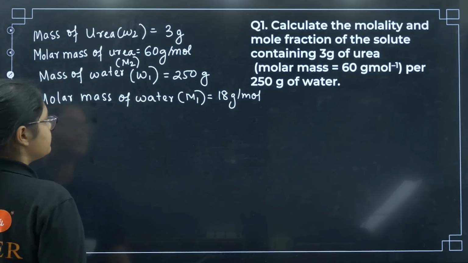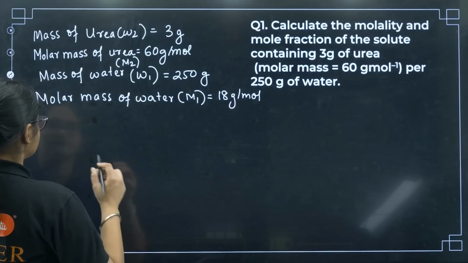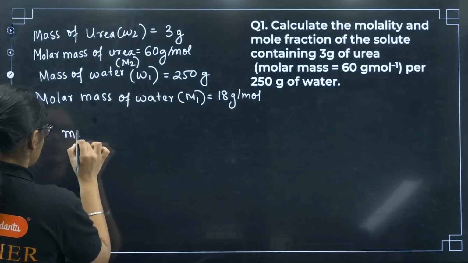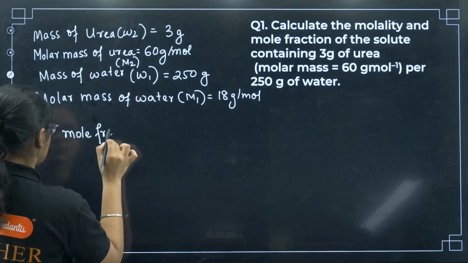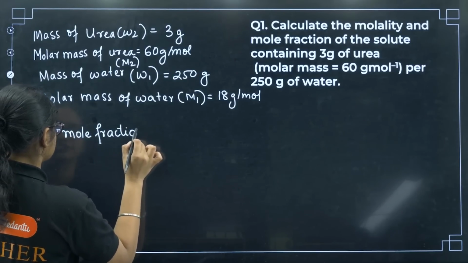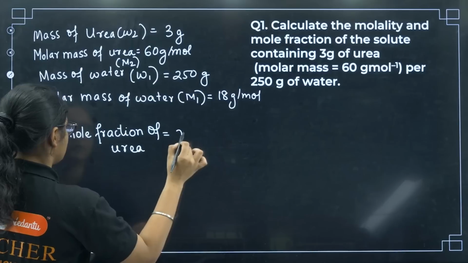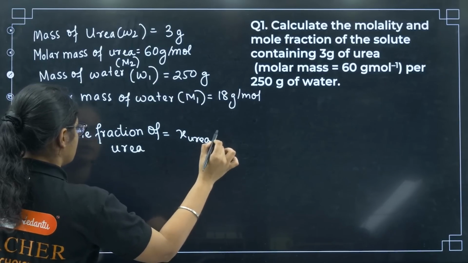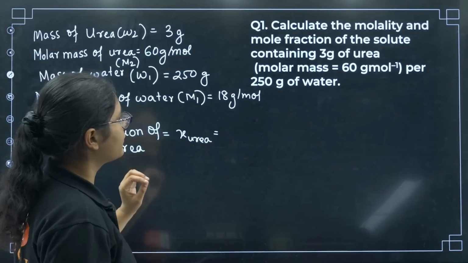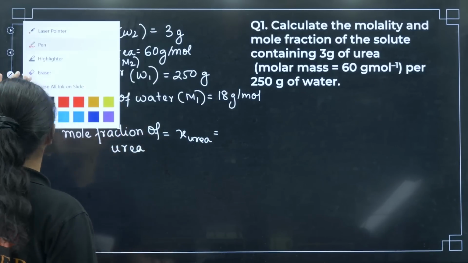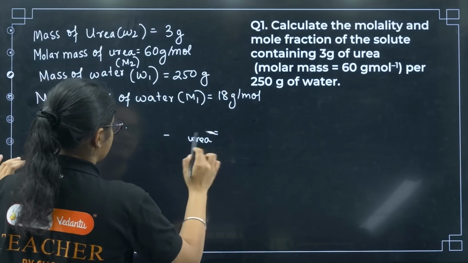Now step 1 is to write the formula. I want to write the mole fraction of urea, X of urea, is equal to... First let us do molality, because molality is given first in the question.